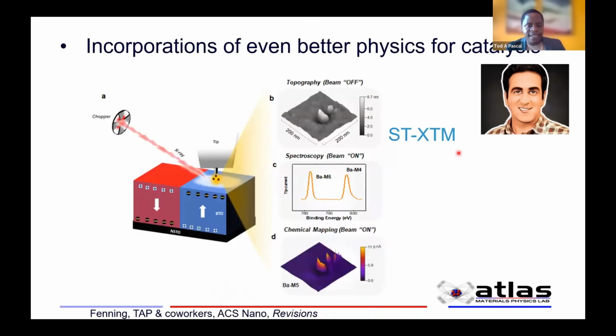My other really talented grad student, Pedram, who does both experiments and theory, did these measurements up at Argonne. They have their STXM, so you can do scanning tunneling microscopy for imaging, as well as XAS at the same time. So you can get both spectroscopy and chemical mapping at the same time.